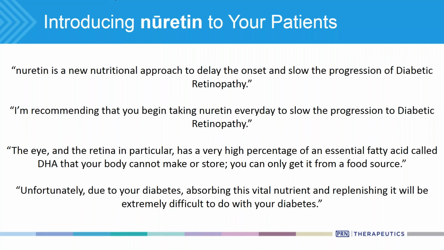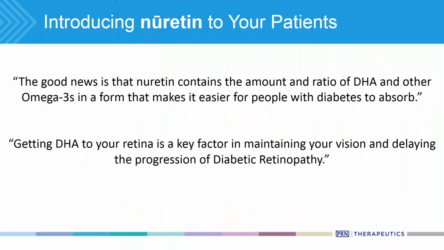And because you have diabetes, your ability to digest, absorb, and process fats is compromised. You need a booster of DHA and a little bit of EPA to help ameliorate this disease. And it's in a form that you can absorb in spite of the compromise of your exocrine pancreas.